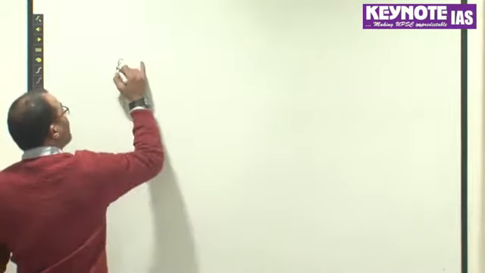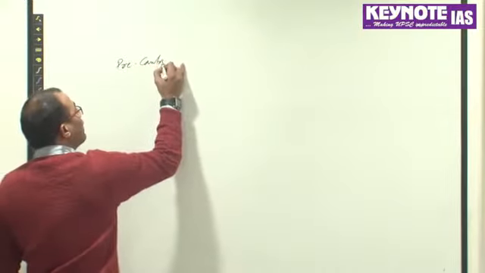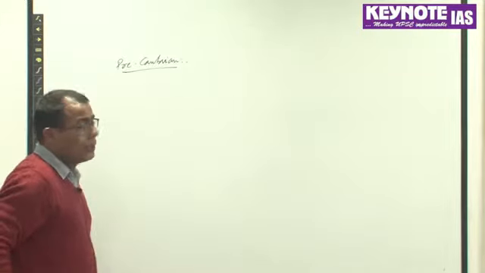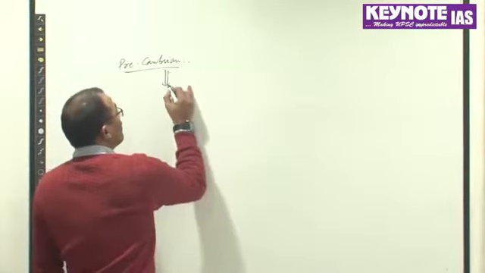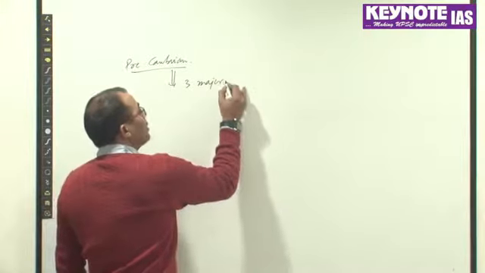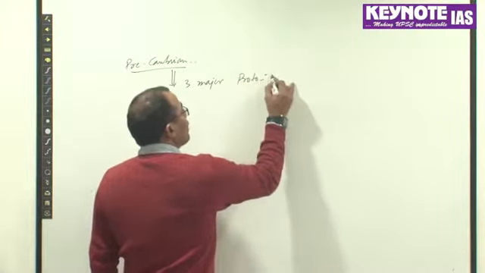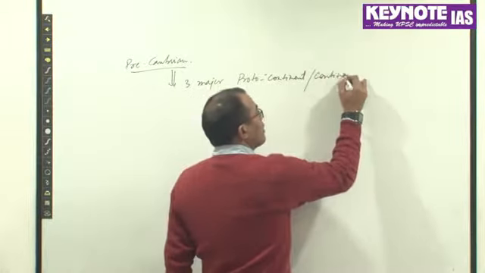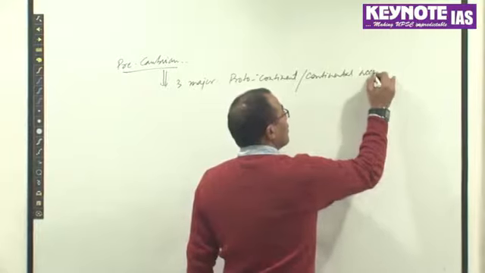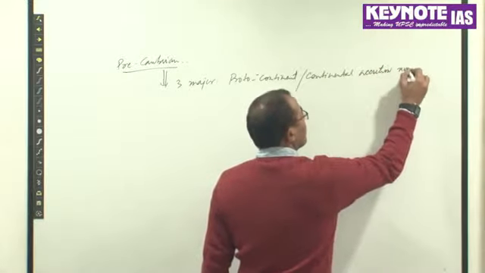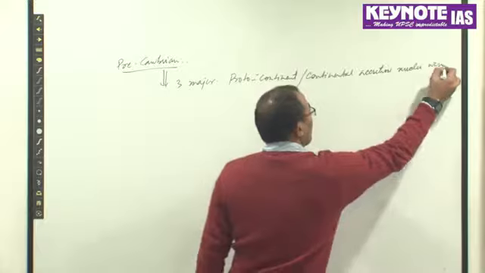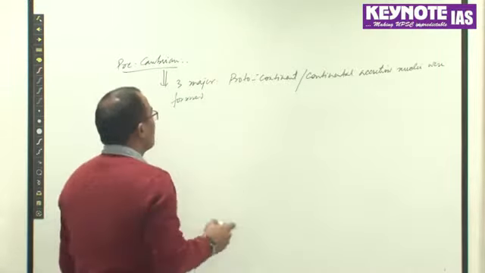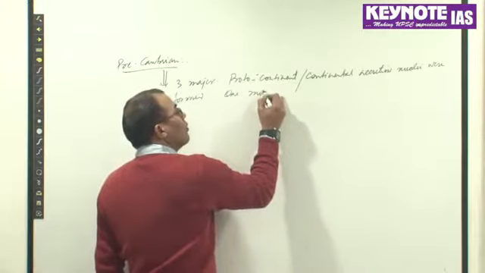So, Precambrian, we have already divided into the Indian perspective of geological history. During Precambrian, three major proto-continents or continental accretion nuclei were formed. One minor.